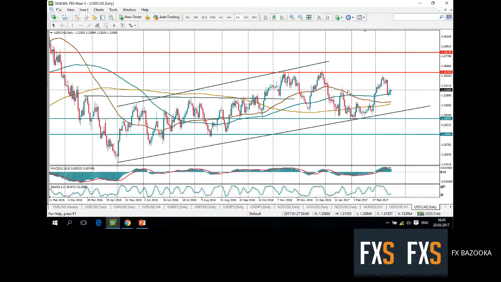Oil is an important export of Canada. This is why the Canadian dollar is affected by a decline in oil prices. So here we may see some stabilization.